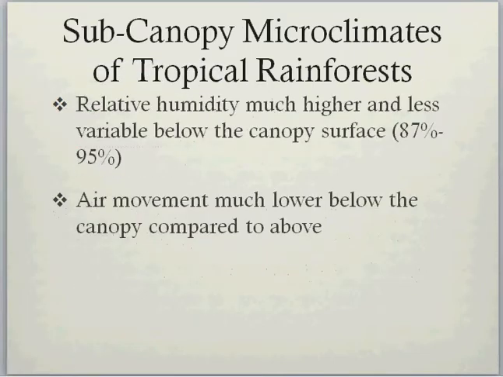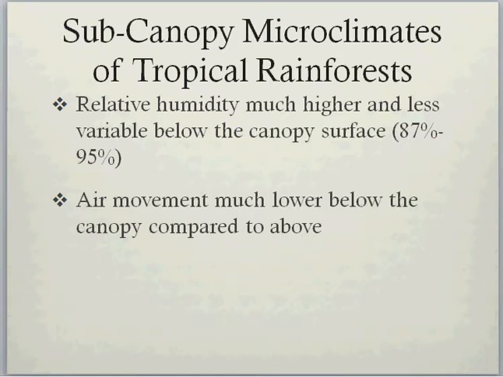The relative humidity is much higher in the sub-canopy, usually about 100%, between 87 and 100%. So not much variation in the relative humidity below the canopy surface, and that's partly because there's very little air movement below the canopy.